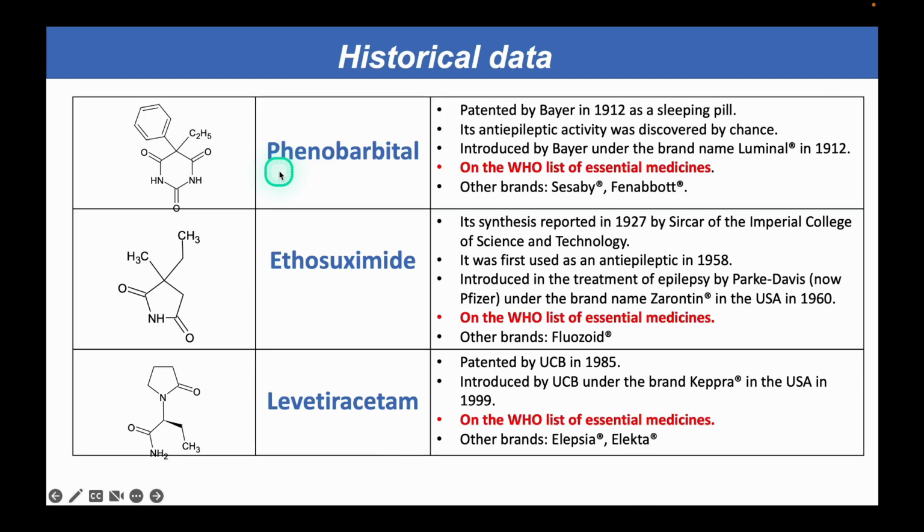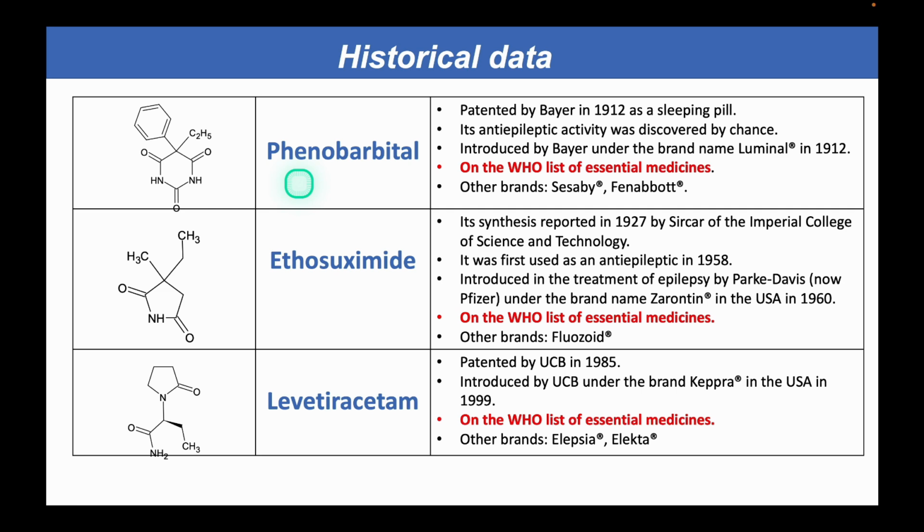The 3 drugs are included in the World Health Organization list of essential medicines. Phenobarbital was patented by Bayer as a sleeping aid. Its activity as an antiepileptic was discovered by chance, and it was introduced by Bayer under the brand Luminal.